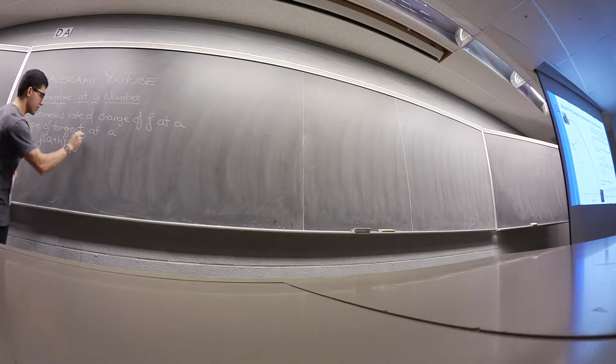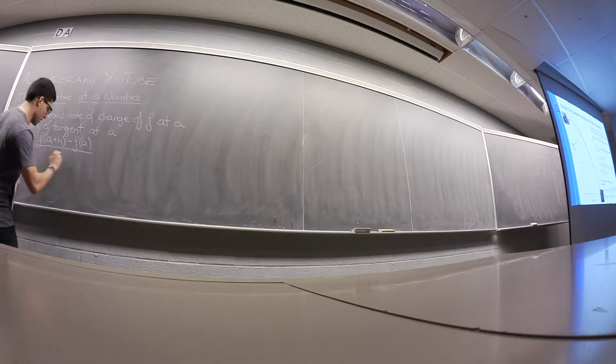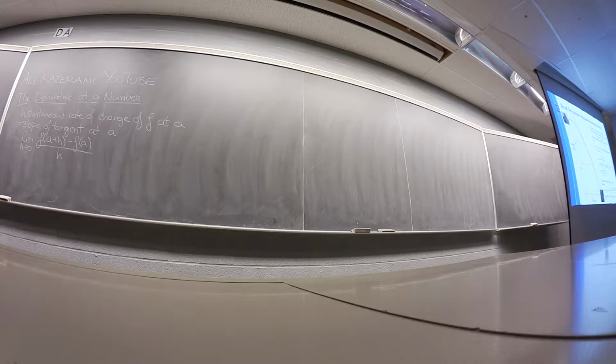And we have two forms of that. So we could write this, the limit as h approaches 0, used to call it delta t, of f at a plus h minus f at a all over h. Okay?